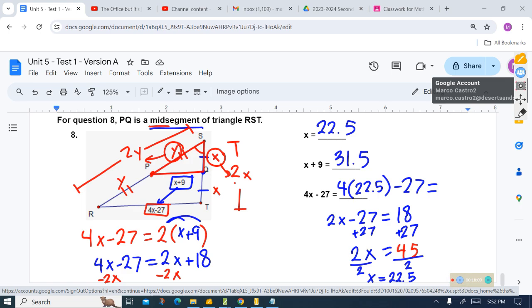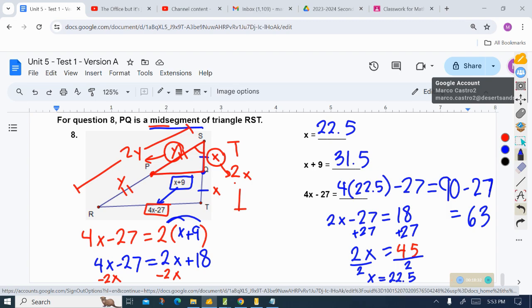So we get 22.5 times 4, and that's going to give us 90. And so we get 90 minus 27, and this will give us 63.